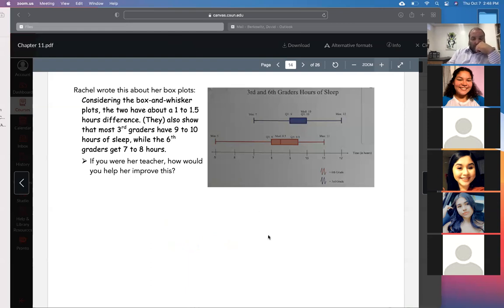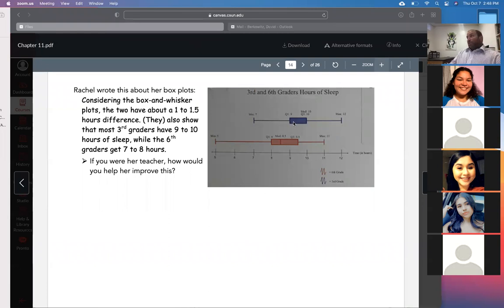Trying to think how. Well, what's the IQR in this first case? The minimum is 7. No, IQR doesn't care about minimum. IQR is Q3 minus Q1. It's 1.